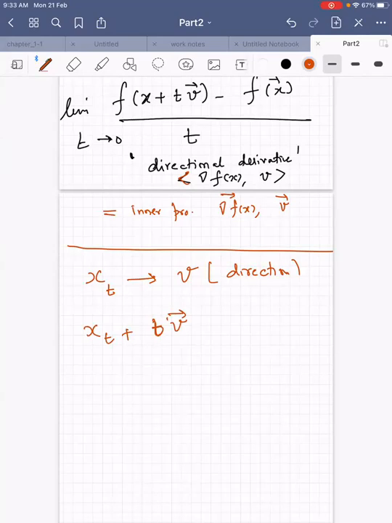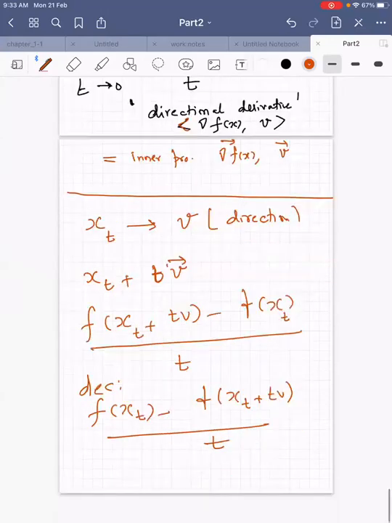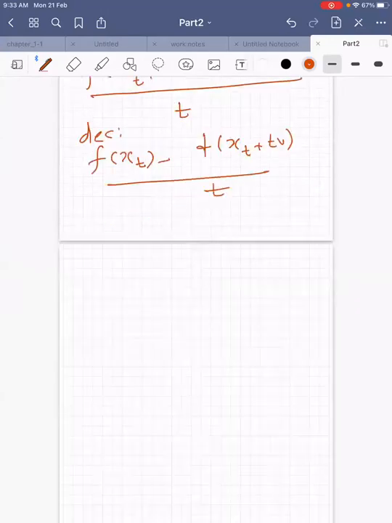Which means that my change in function value is this. This is sort of the rate of change in the function value. Actually, let me just take the decrease only, so let's call it the decrease. Now what is this?